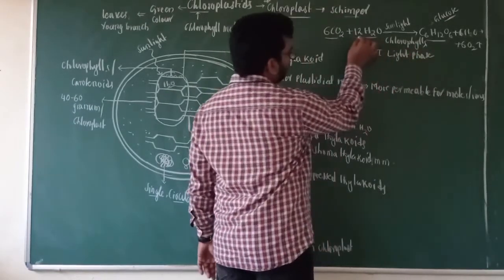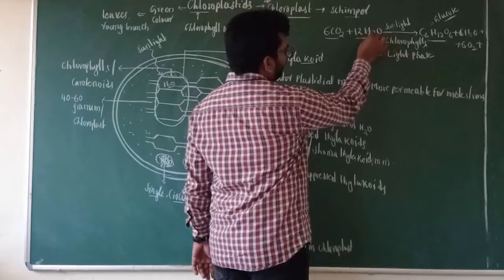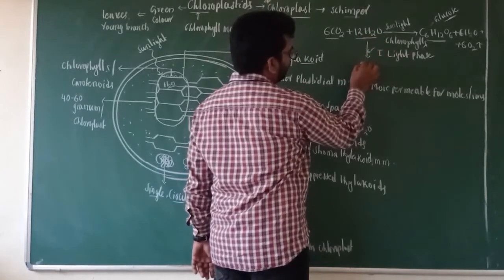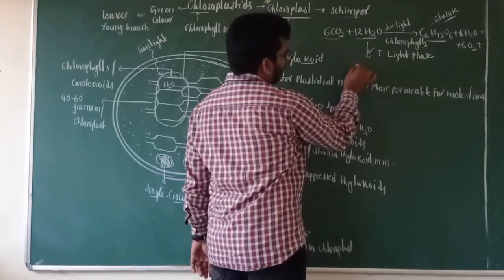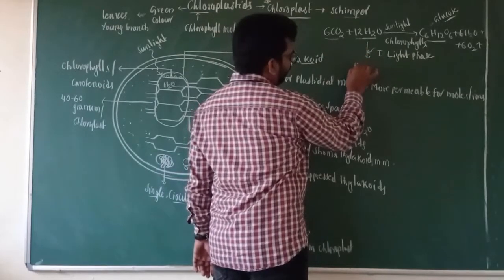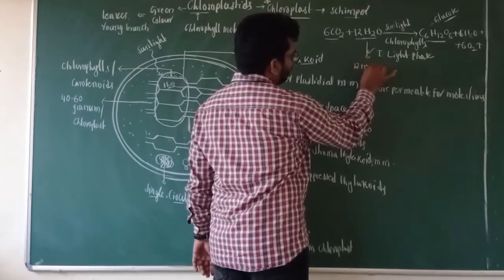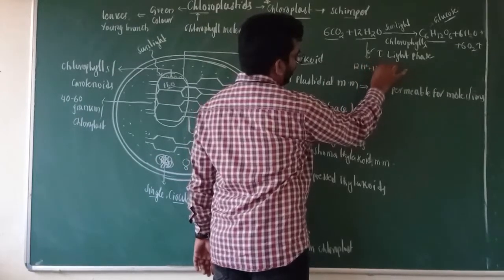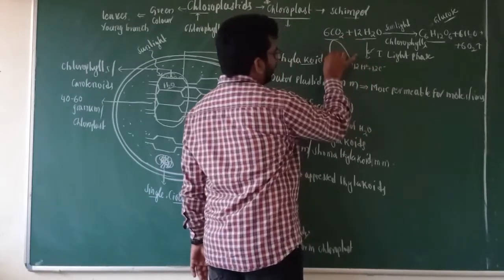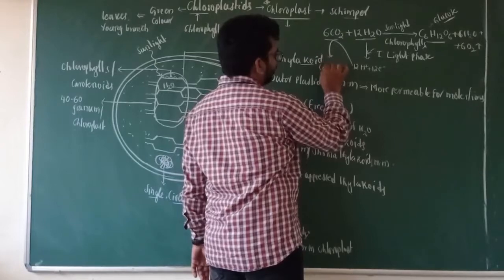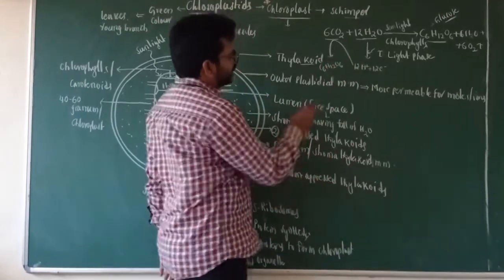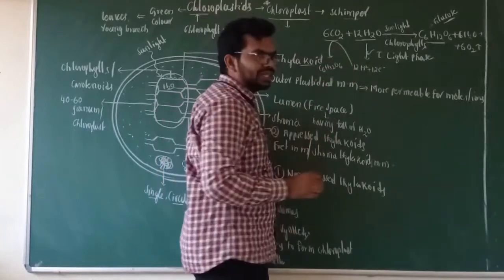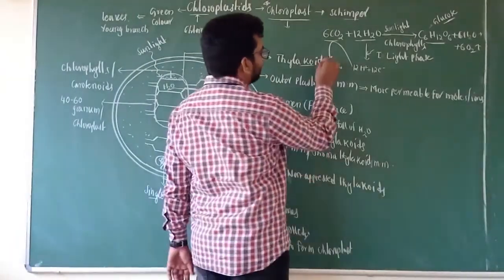What is happening here? The light breaks the water molecule and releases protons. These protons, along with 12 protons and 12 electrons, reduce CO2, converting it into C6H12O6. Remember, children, this process is under the control of enzymes.